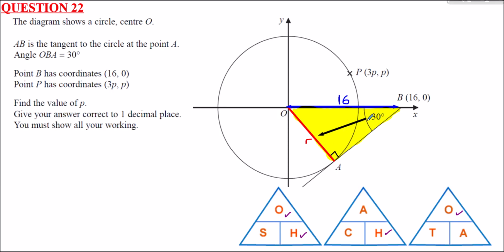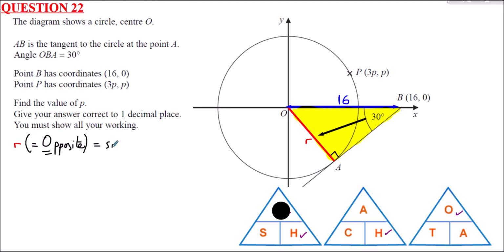So the radius is opposite to the angle I know. It's opposite to this 30-degree angle. So I can therefore work out the radius. So the radius, which is the opposite side, I just cover up the opposite and see what's left over. So if I cover up O, I have S and H next to each other, which means sine multiplied by the hypotenuse.